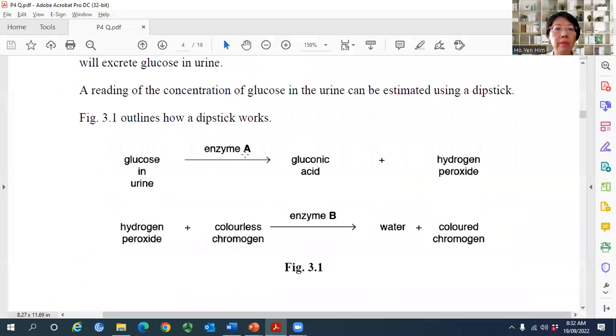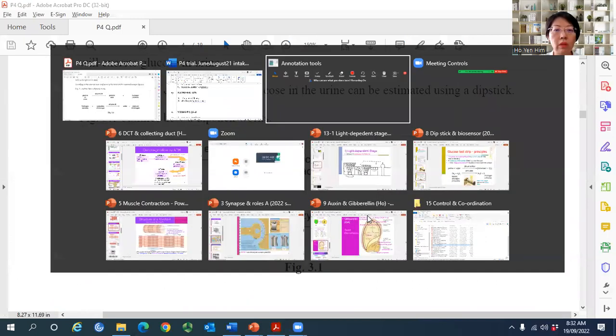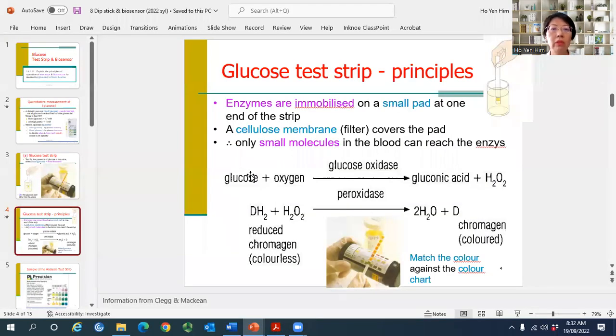Name these two enzymes, enzyme A and enzyme B. So this one has to do with the glucose dipstick, right? The glucose dipstick has two enzymes immobilized onto the strip. First one is glucose oxidase, to oxidize glucose to gluconic acid and hydrogen peroxide.